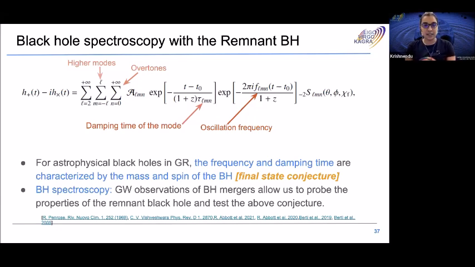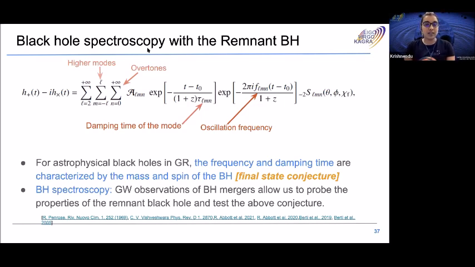And here the spherical harmonics S_lmn are functions of the polar angles theta, phi and the final spin of the black hole chi_f. The two important quantities we are interested in here are the damping time of the mode tau_lmn and the oscillation frequency f_lmn.